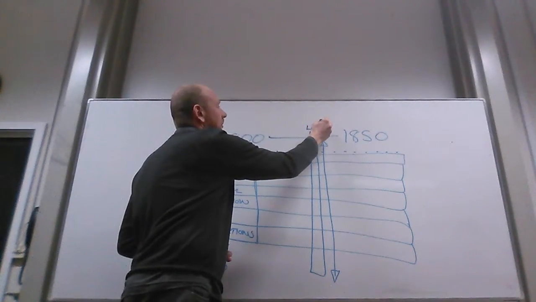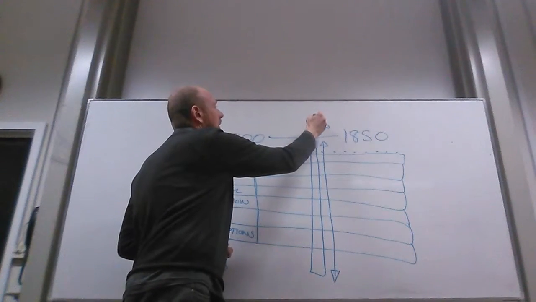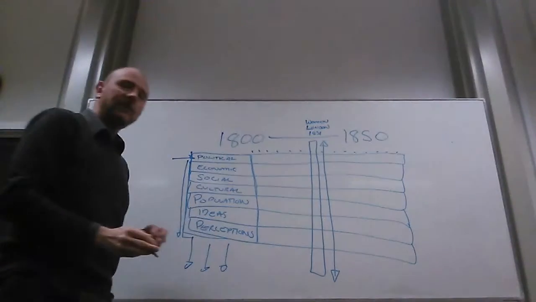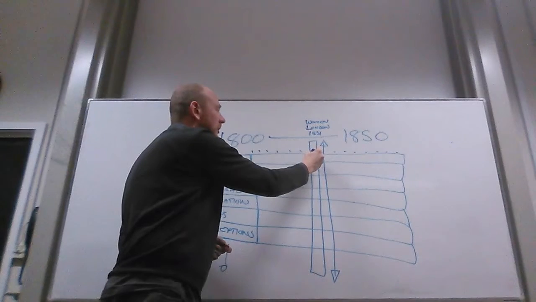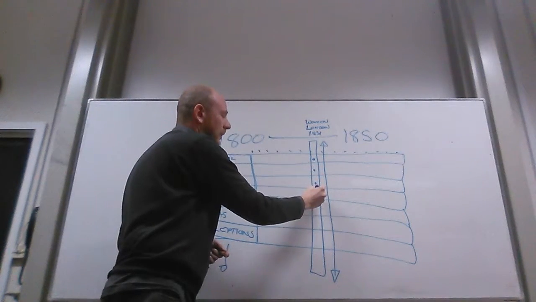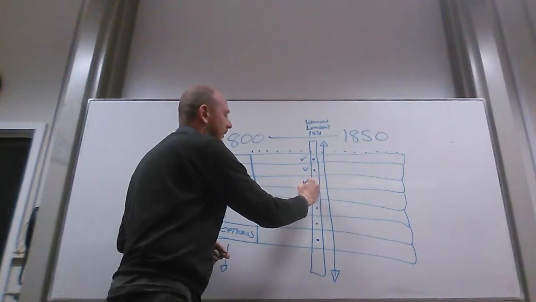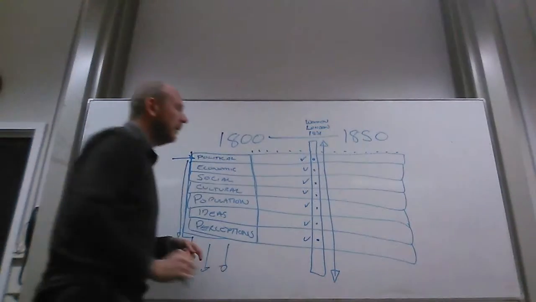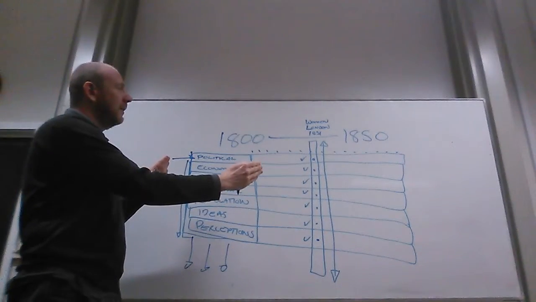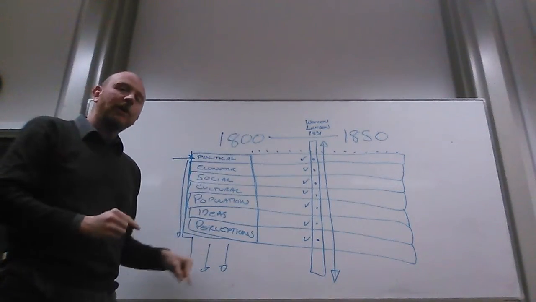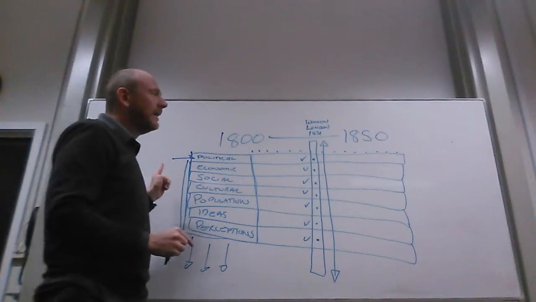It might be one particular part of a country. You might only decide to look at London. You might only decide to look at women. You might only decide to look at a number of things. But the point is that within that thin segment, you can now actually begin to approach some sort of total history, because you can study everything that was going on in society at that time, but not necessarily in a linear fashion.